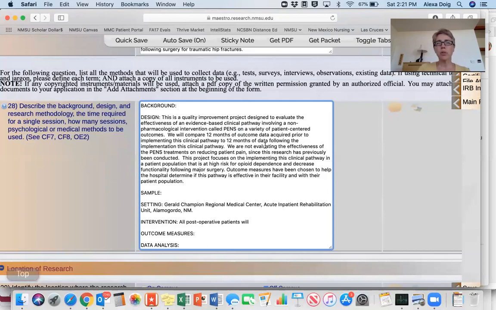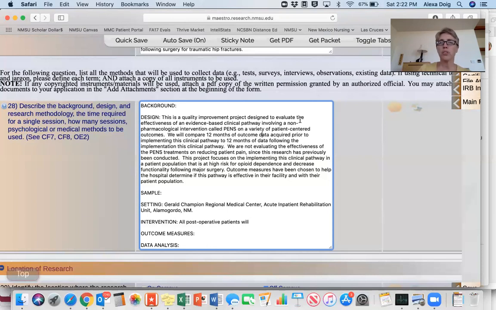And then I said, we will compare 12 months of outcome data acquired prior to implementing this clinical pathway to 12 months of data following implementation. So I'm saying, in a very broad way, how I am collecting my data. I said, we are not evaluating the effectiveness of the PENS treatment on reducing pain since this research has previously been conducted.